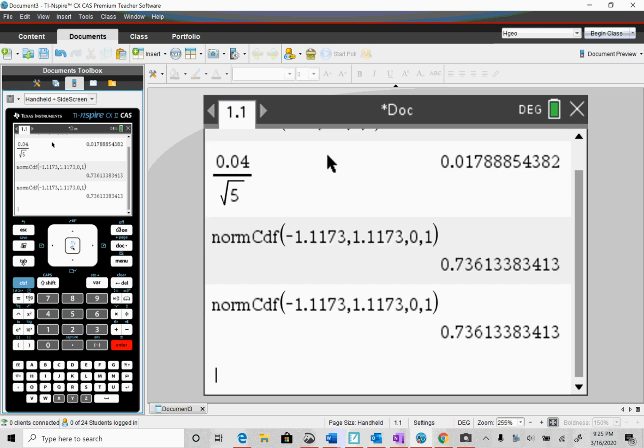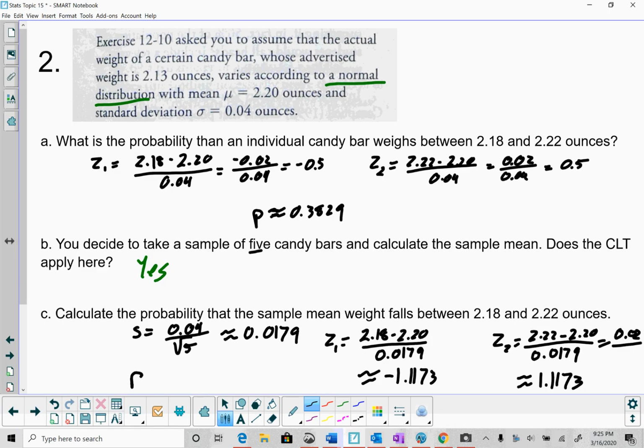And the probability of taking a sample of 5 candy bars, weighing them, finding the mean of their weights, the probability that the mean weight from our sample is in that same range, the probability here is about 0.7361.